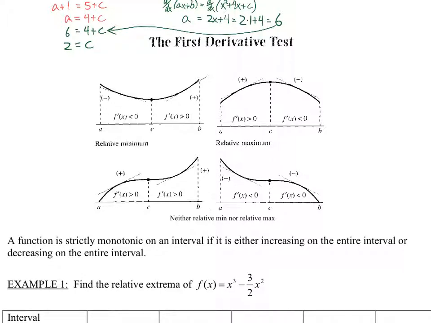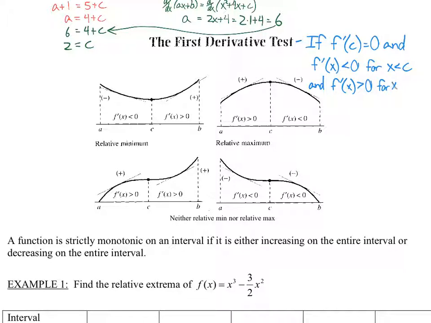The first derivative test says that if f prime of c equals 0 and f prime of x is less than 0 for x less than c, and f prime of x is greater than 0 for x greater than c, then there is a what?